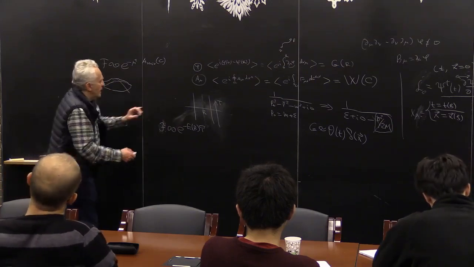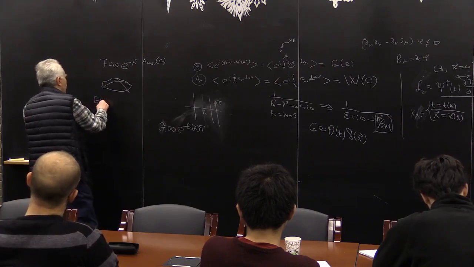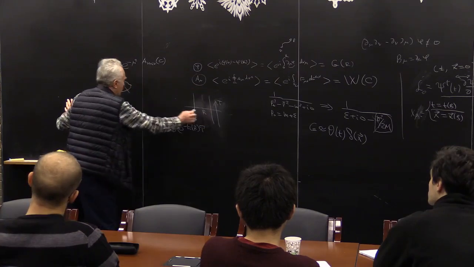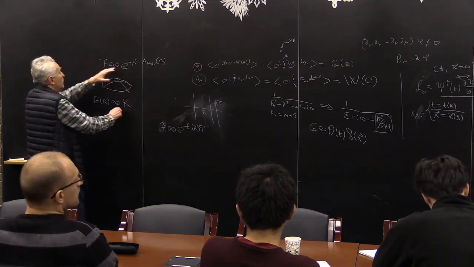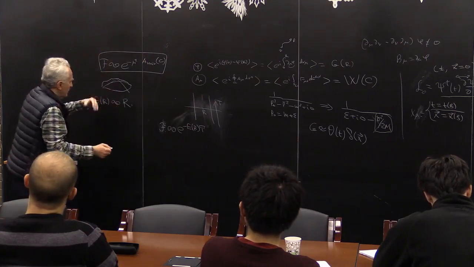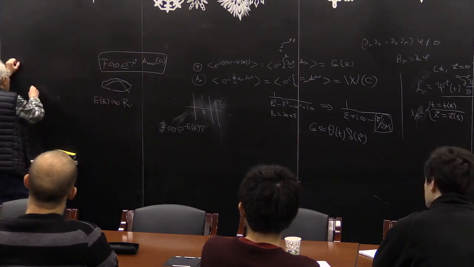And of course, in this case, minimal surface means that the surface is just flat. Let me formulate the statement.